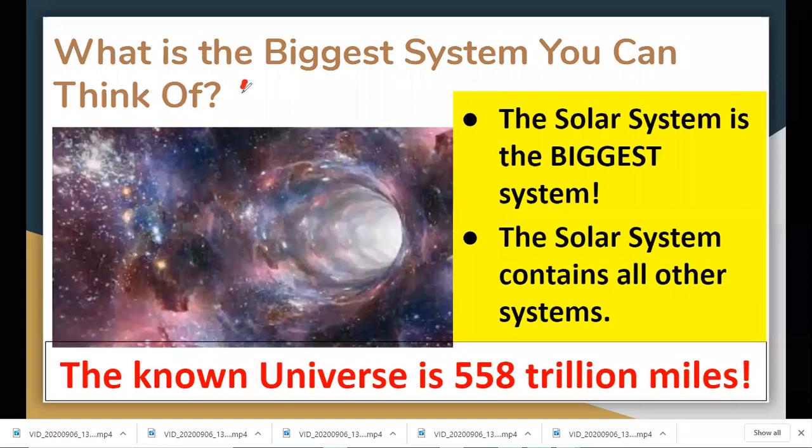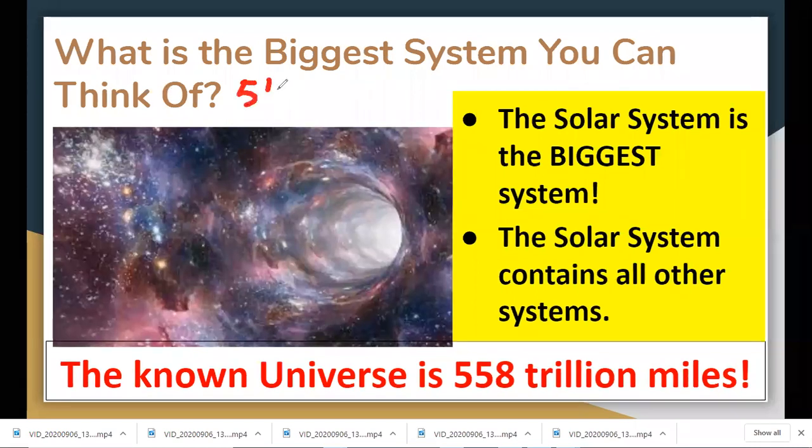Let's see, I just have to do this because I like math. 558, so that would be trillion. This would be billions. This would be millions. This would be thousands. And then we would have our units.